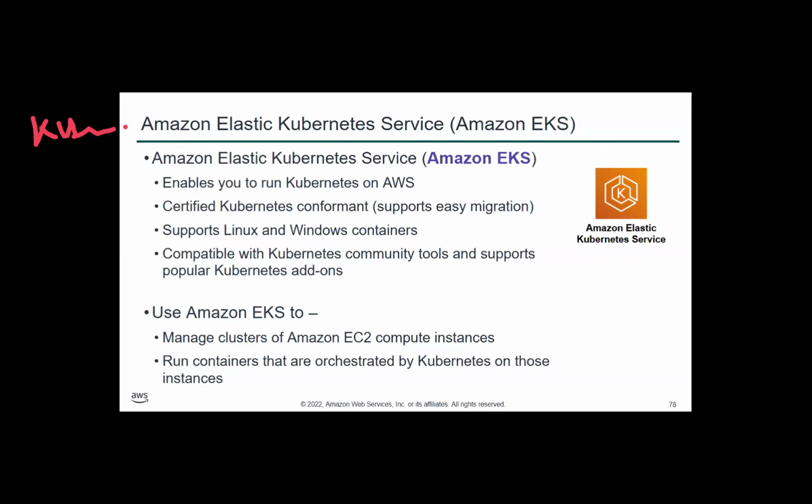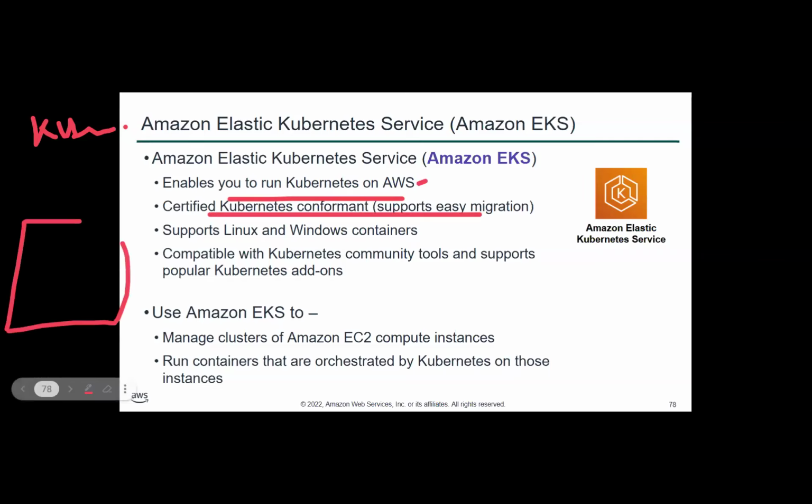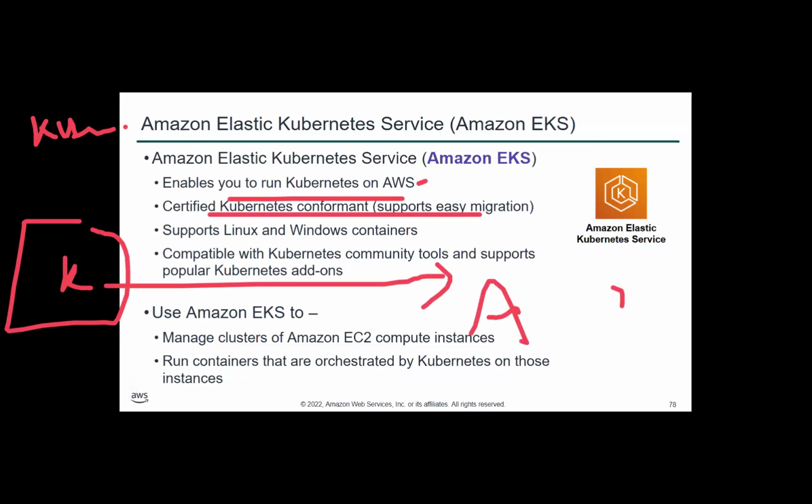So, to help people who already work with Kubernetes be comfortable on AWS, AWS created this service, which helps you run Kubernetes on AWS. It supports all the formats, so whatever application is built in Kubernetes can easily move to AWS with the help of EKS.